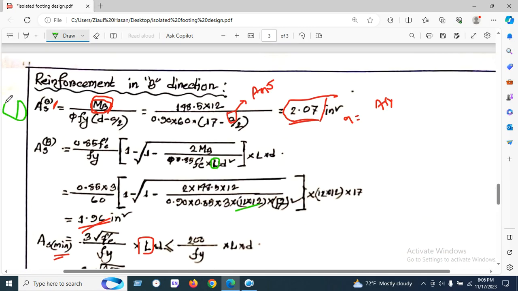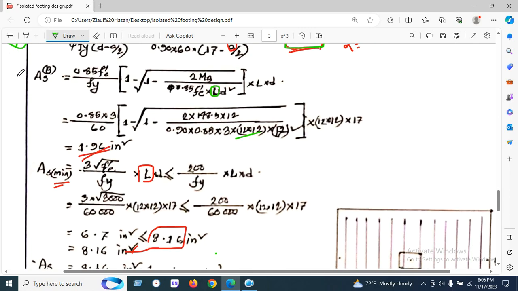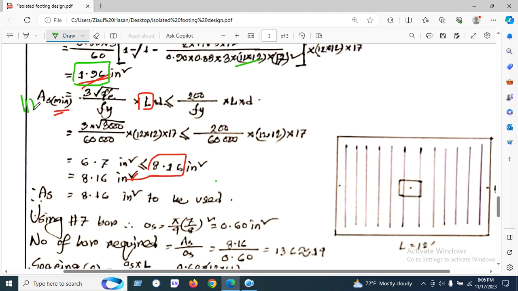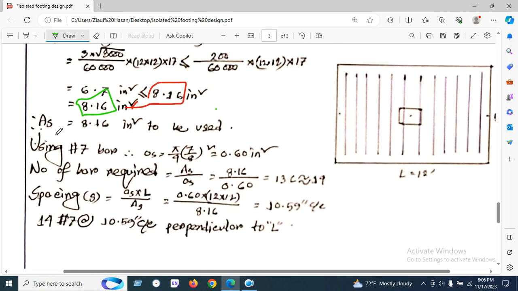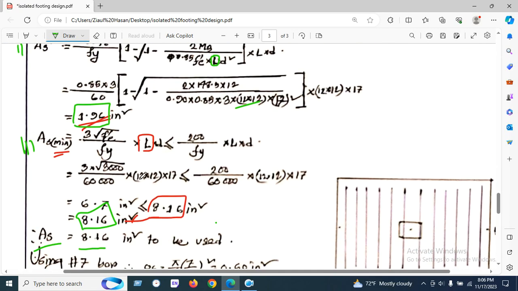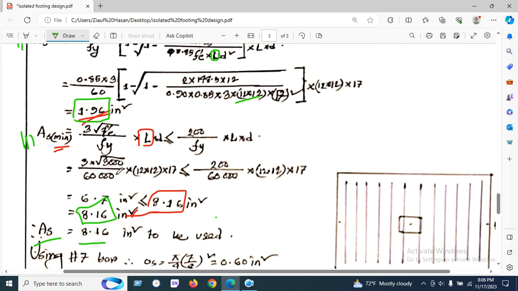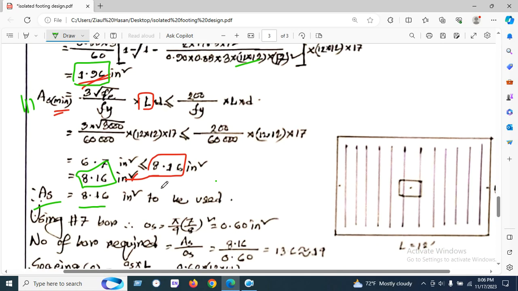At first, number 1, we found 2.07 inches square, number 2 we found 1.96 inches square, and number 3 we found 6.16 inches square. So we will use 6.16 inches square, the largest of the three values, as the design value in the B direction.